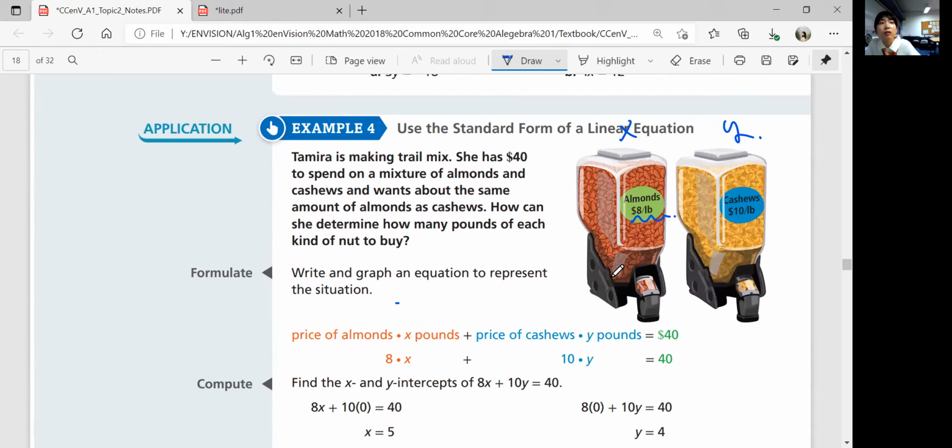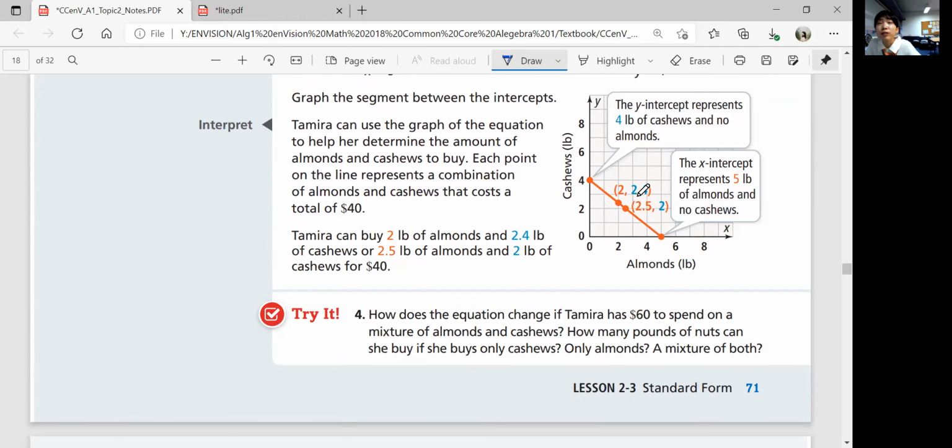And you want to determine how many pounds of each kind of nut to buy when she wants about the same amount of almonds and cashews, right? So 2 and 2.4, 2.5 and 2, they're about the same, right? So you can say, well, there's really not a whole number that makes it the same, but she can buy 2 pounds of almonds and 2.4 pounds of cashews, or 2.5 pounds of almonds and 2 pounds of cashews for $40.